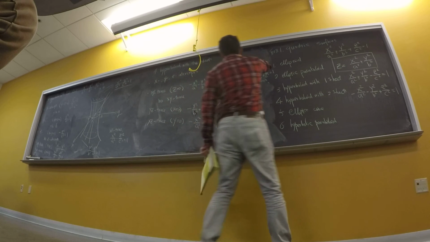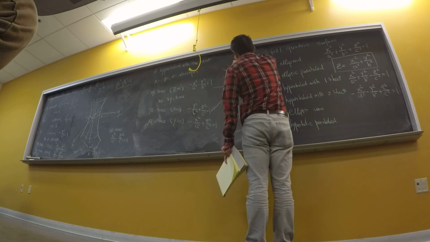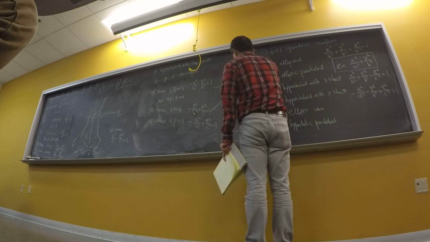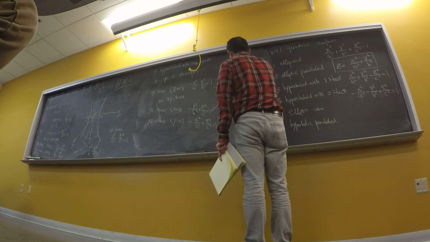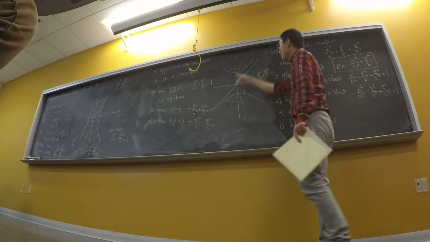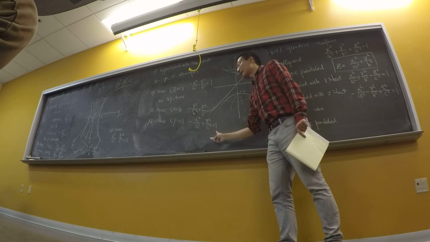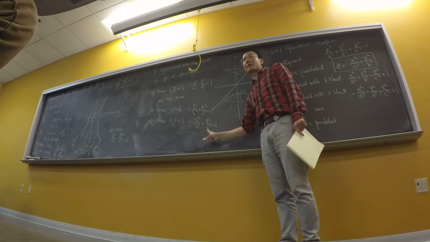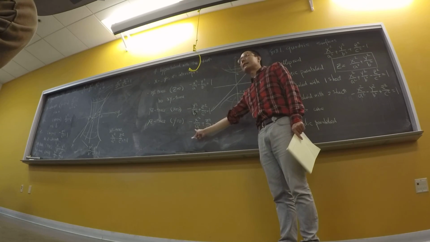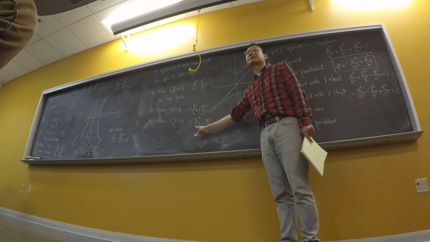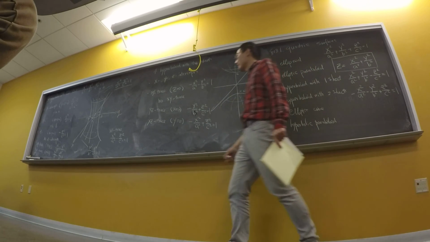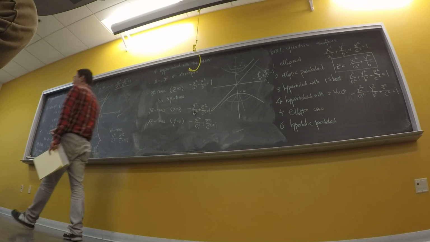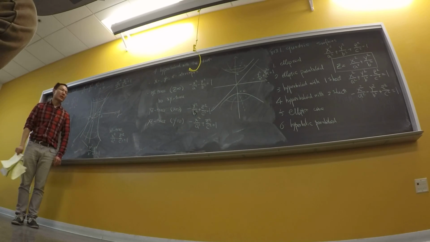So these are two branches of one hyperbola right here, and the other one is right here. These two are given by the equation right here. They will intersect with the z-axis, but not the x-axis. All right. So these are all the required information for a hyperboloid of two sheets.